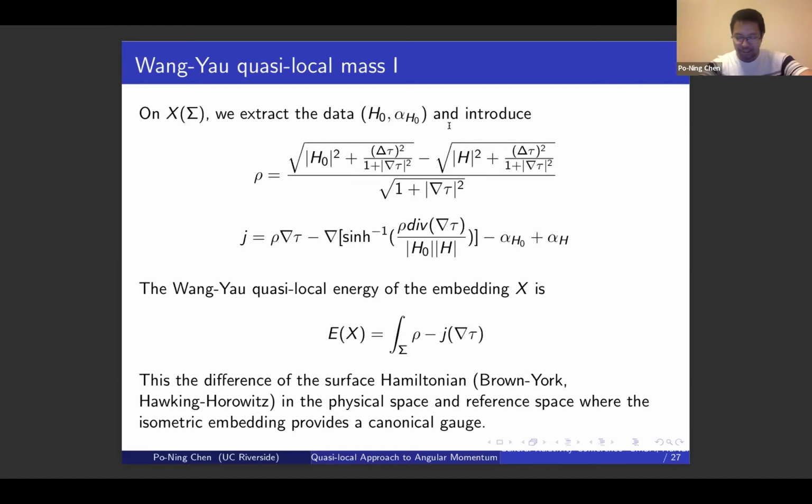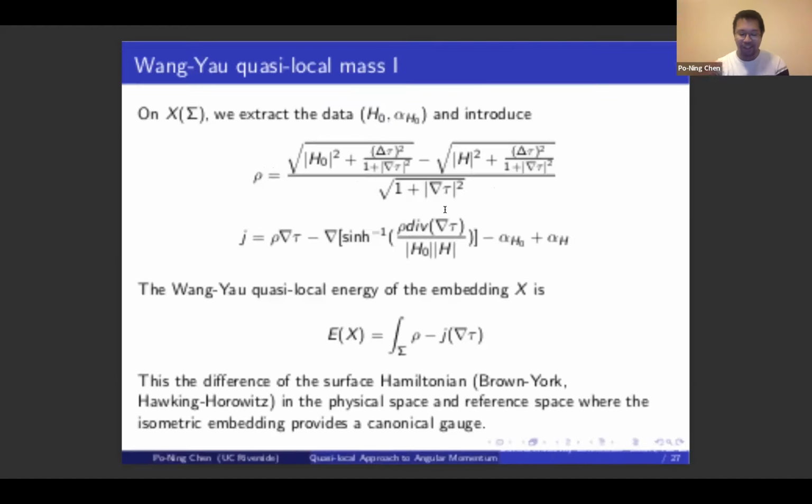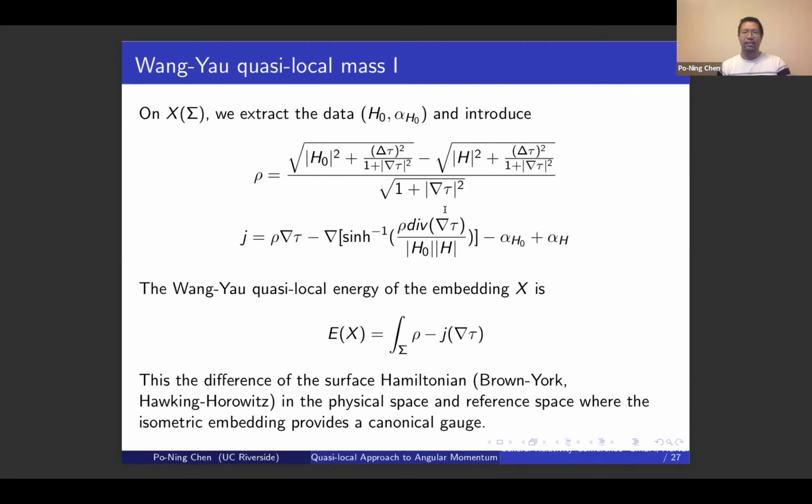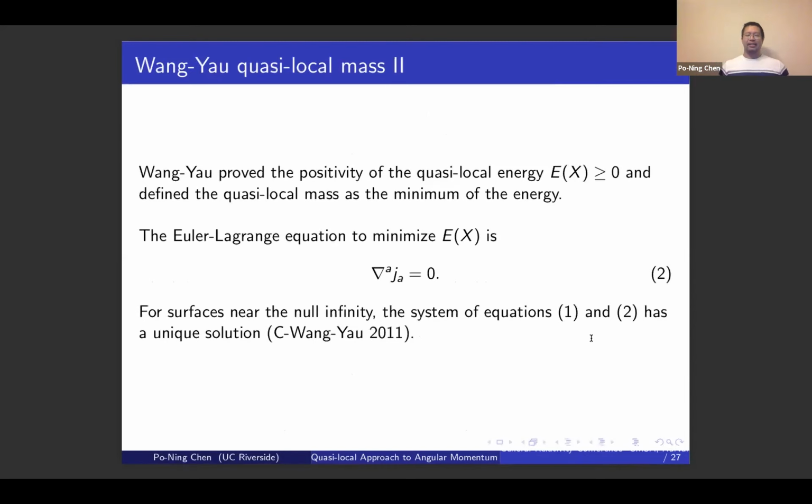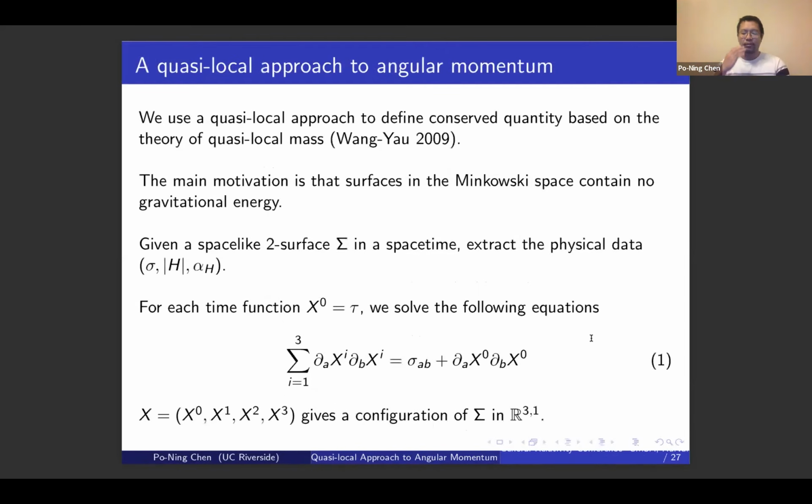But this result almost looks as if, in this expression, I vary tau and rho and J are independent of tau, so the critical point equation is divergence of J equals 0. It comes out of a lot of cancellations, but the Euler-Lagrange equation turned out to be simply divergence of J equals 0.